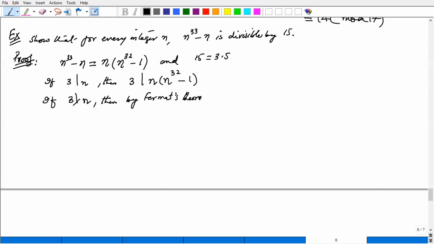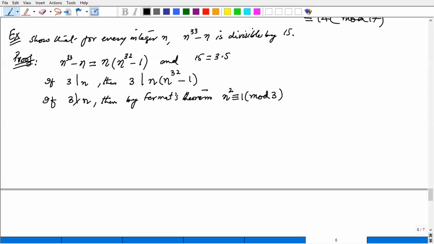Since 3 is a prime number which does not divide the integer n, n plays the role of a in Fermat's little theorem. So a to the power p minus 1, here n to the power 3 minus 1, which is n squared, is congruent to 1 modulo 3.